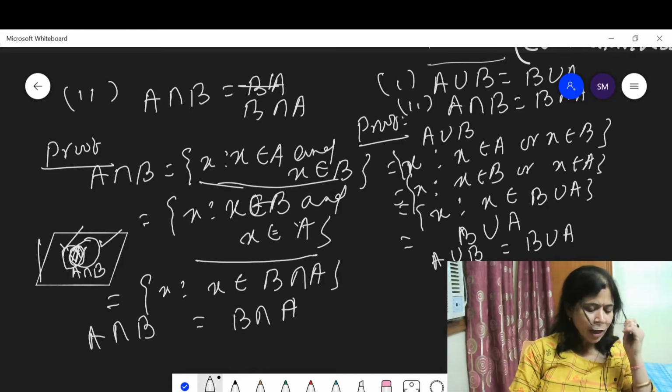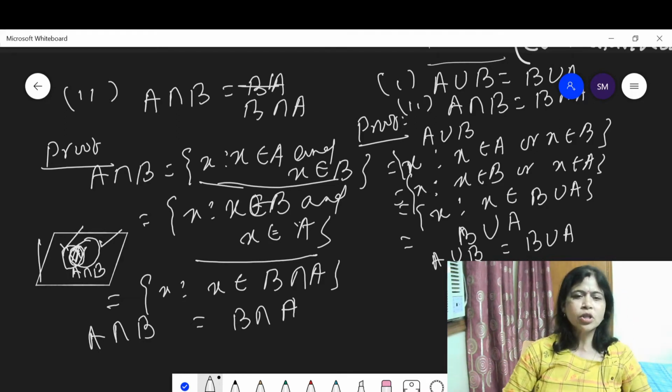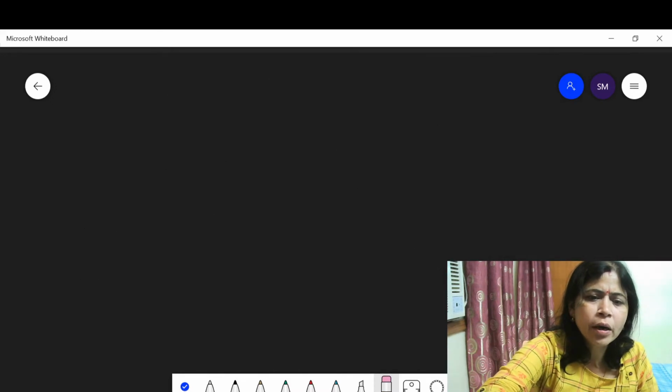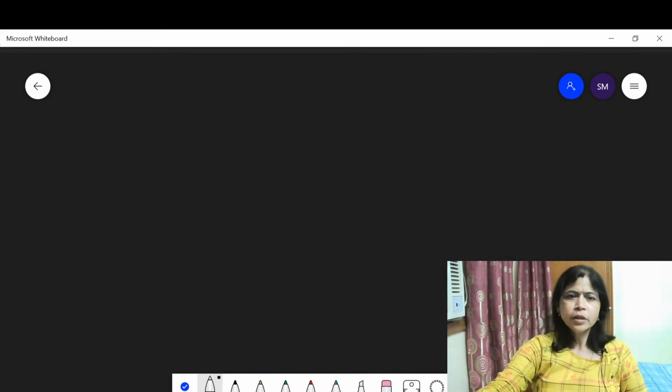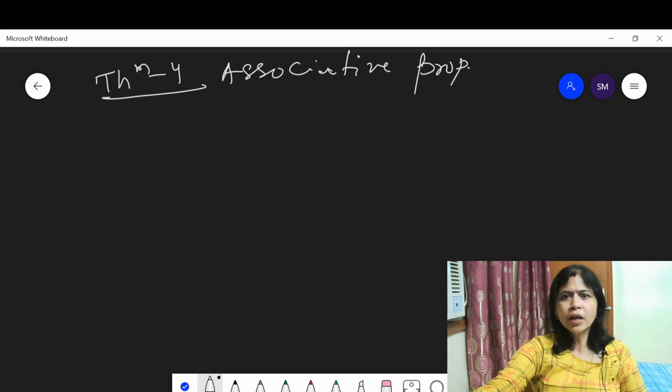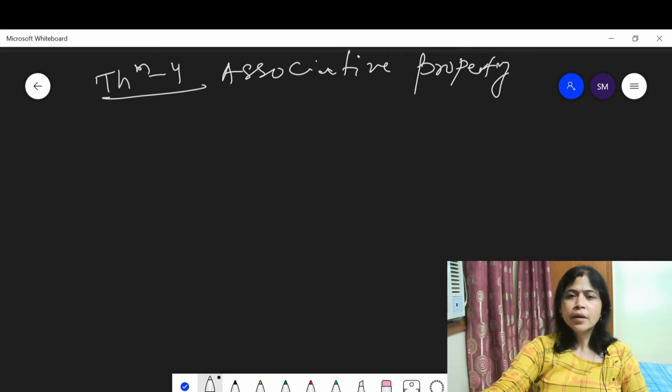Now let us prove the third property, the associative property. Theorem 4 says we have to prove the associative property. Recall the associative property of addition and multiplication.